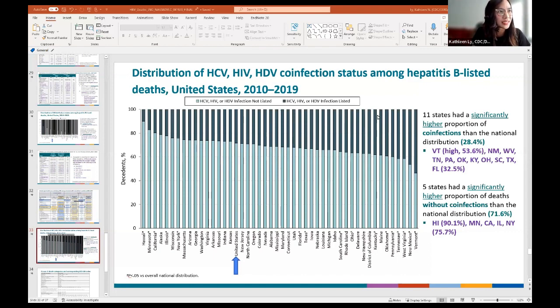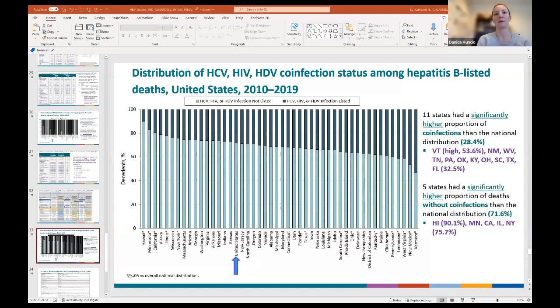These are the states with more co-infection: West Virginia, Tennessee, Kentucky, Ohio, and here's the national as a reference point. So these are primarily catching the Appalachian states, whereas we see the jurisdictions in which we know there are more foreign-born populations, Hawaii and California, on the other end.